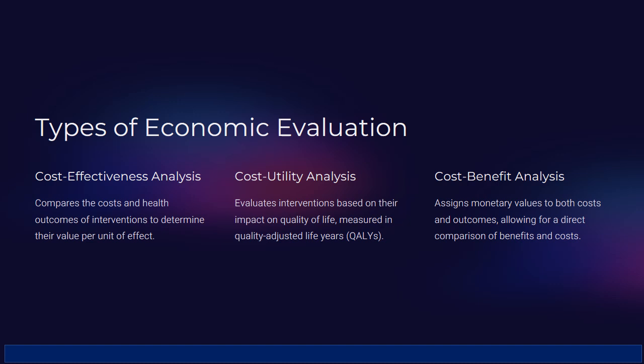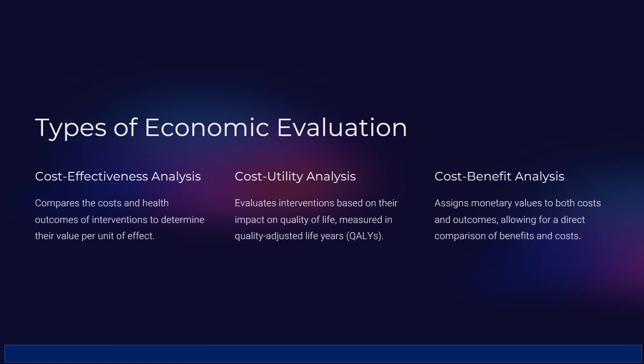What are the types of economic evaluation? There are several types, like cost benefit analysis, cost effectiveness analysis, cost utility analysis, cost minimization analysis, and cost consequence analysis. Here on the screen we have cost effectiveness analysis.